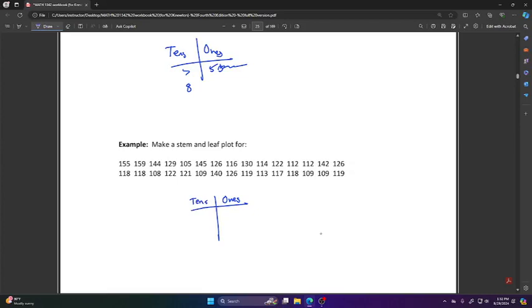Y'all are going to help me a little bit. What is the lowest tens that I have? 10 tens, right? Like to make a 100, basically. So we're in the 100 spot. So I got 10 tens, 11 tens, 12 tens. Where do we stop? 13 tens, 14 tens.